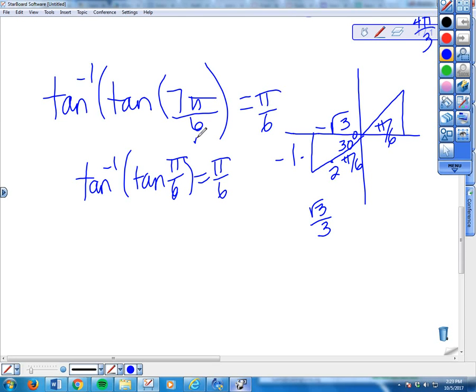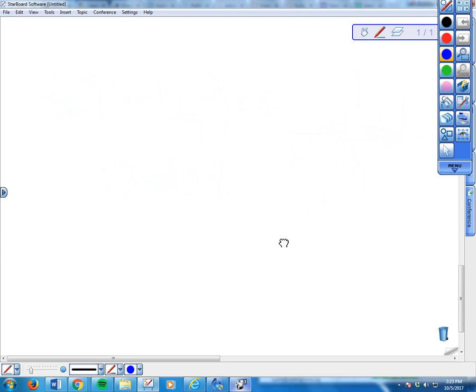But this is outside the domain restriction, so I have to find the equivalent angle that would give me the same value, and that's the answer. Most all cases, inverse tangent of x is always equal to x. The only time it won't be is if that angle happens to be outside of the domain restriction. So with all of these problems, the key is draw your triangles, label all sides, and you shouldn't have any problem answering questions. Let's just do one more together.